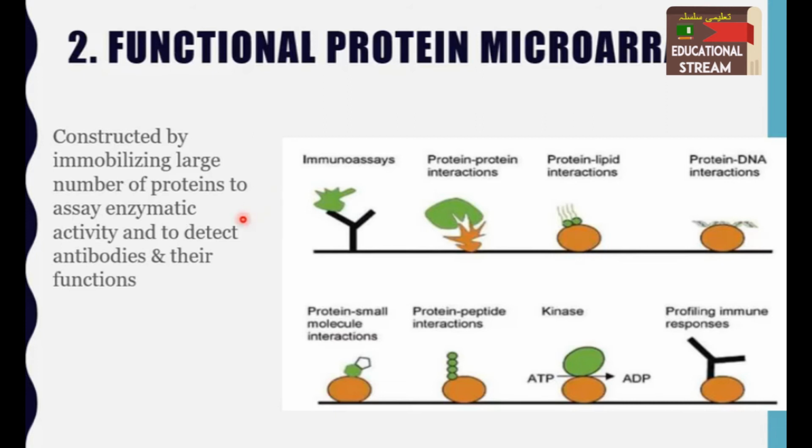For this purpose we use the whole protein or peptide, which is spotted on the matrix, and then we do the immunoassay, which involves antigen-antibody interaction, or if we want to check protein interactions, or protein-ligand interactions, interaction of the protein with DNA, with other small molecules, or with peptides, or if we want to study different enzymes like kinases which carry out phosphorylation of the substrate, and we also profile immune responses.